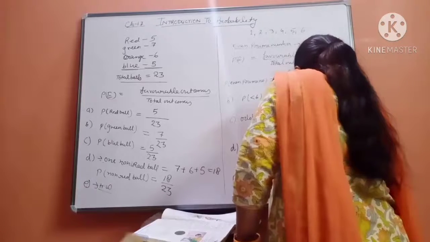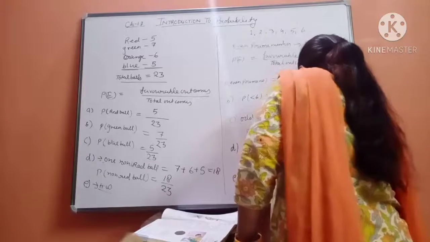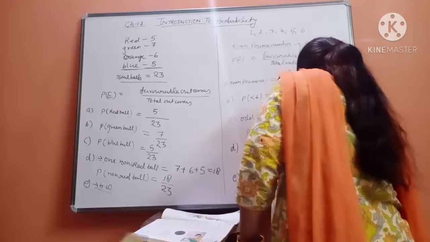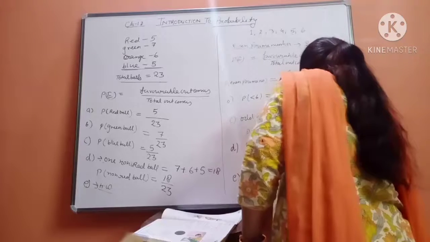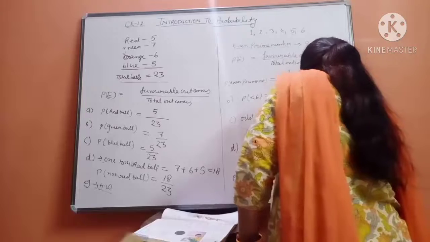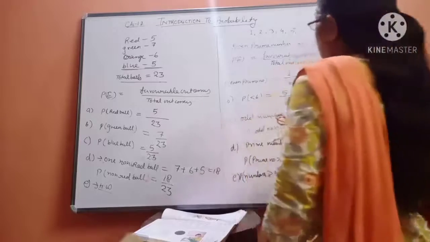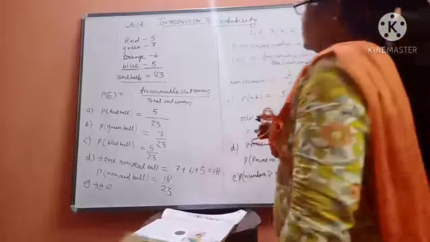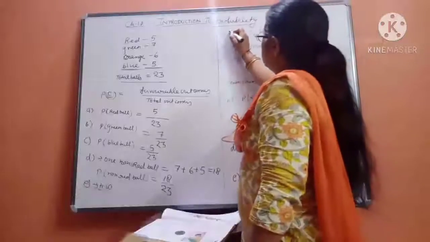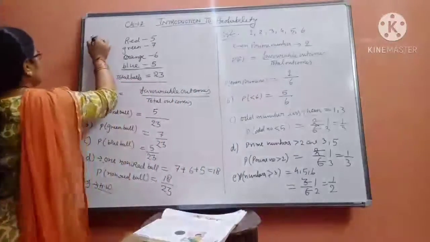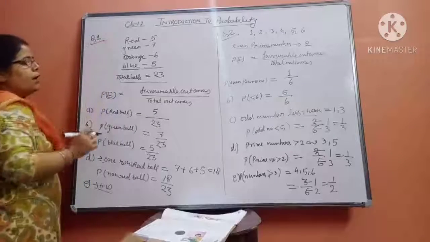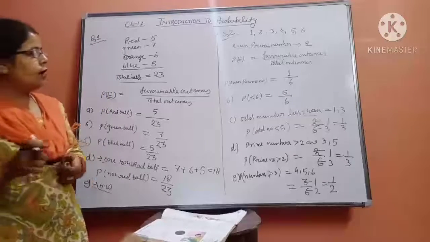So this will be your favorable outcome. How many chances will be there? 3 upon total chances 6. 3 ones are 3, 3 twos are 6. So its probability will be 1 upon 2. So in this way it was your question number 2, and this was your question number 1. So in this way you will do the question. I am hoping that everybody of you has understood.